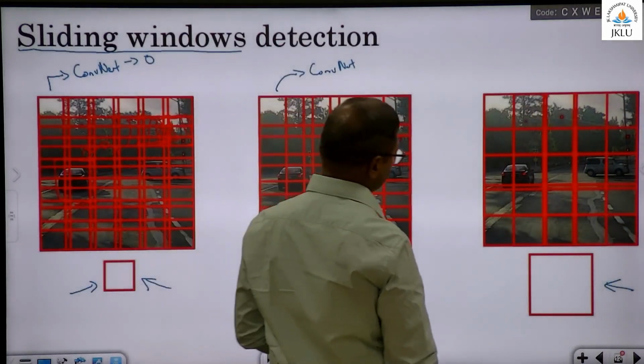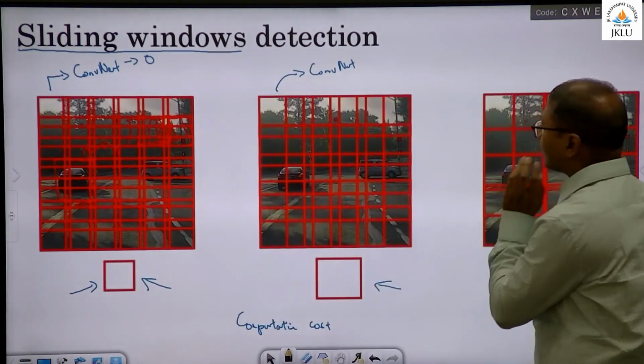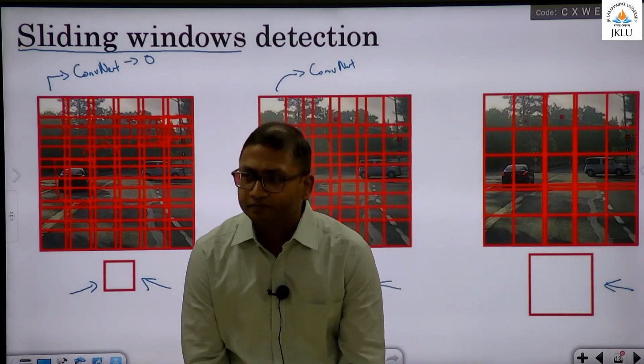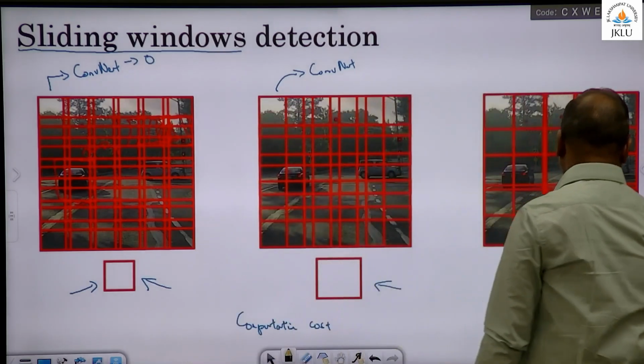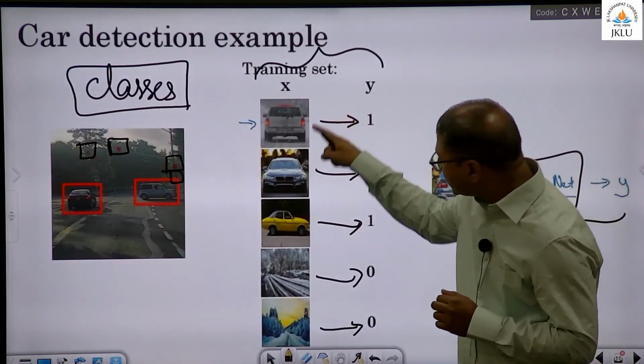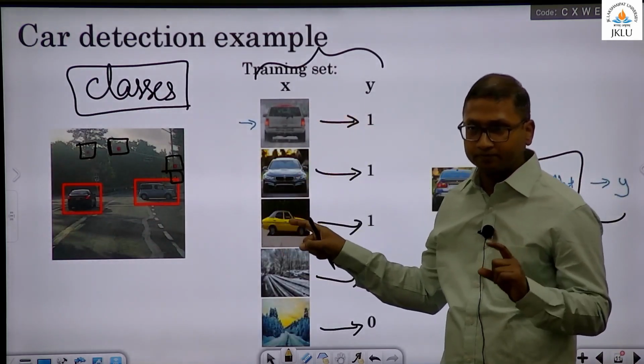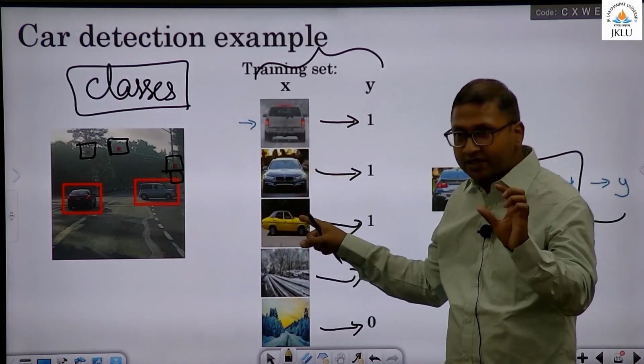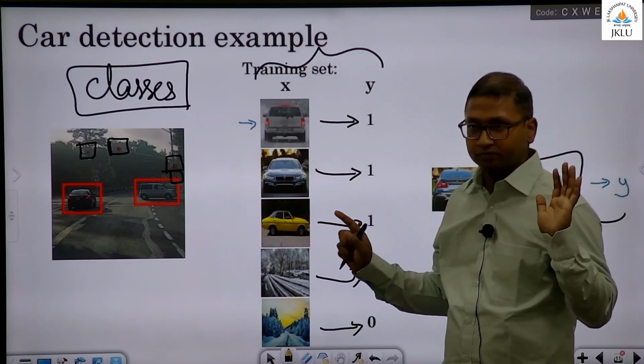This will start in the next class. But can you just give me a vague idea of what is happening here? If you see, all these images are very much cropped. These images are only as big as this car fits.